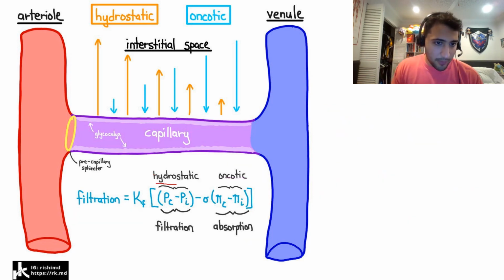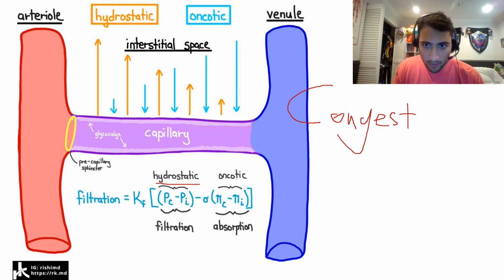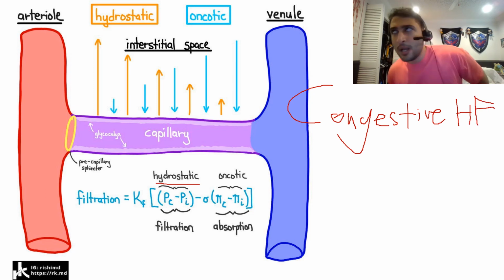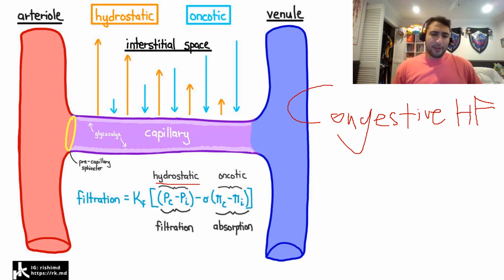So lastly, we're on the hydrostatic pressure component. And I think a very easy example of this is going to be congestive heart failure. All right? So in congestive heart failure, think of the heart as a pump, which it is, and the sarcomeres of the heart stretch to accommodate the pump.